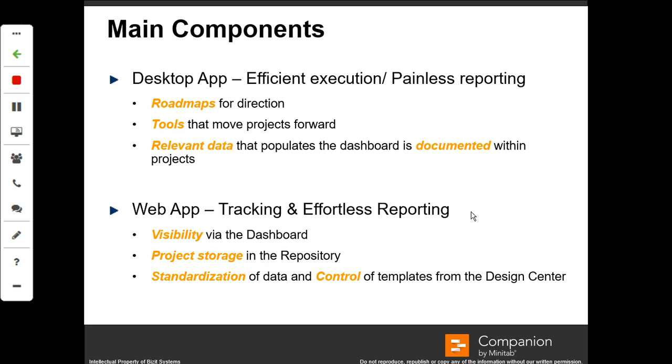With these 3 key features, you will have efficient execution of the project with painless reporting. And on the web app, there is a dashboard, the project repository, which provides your project storage, and the design center, which provides standardization of your data and control of templates. So with the web app, the way you track or report your project will be effortless.